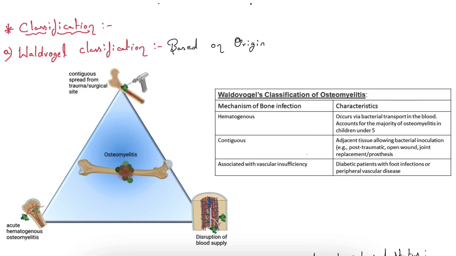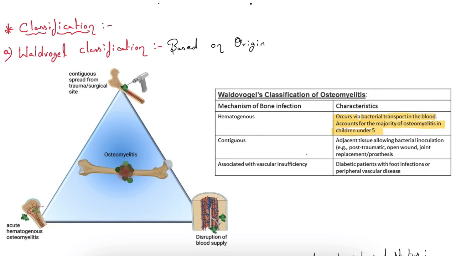First one, acute hematogenous osteomyelitis, meaning the infection occurs via bacterial transport in blood, and it accounts for the majority of osteomyelitis in children under 5. Hematogenous means the infection is entering the bloodstream and causing osteomyelitis. This condition we call hematogenous.